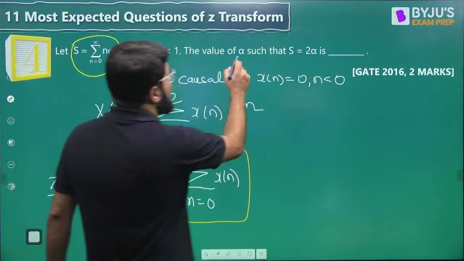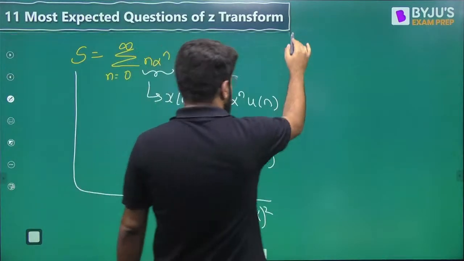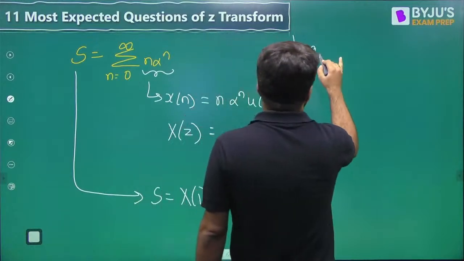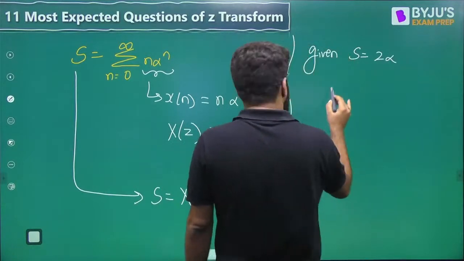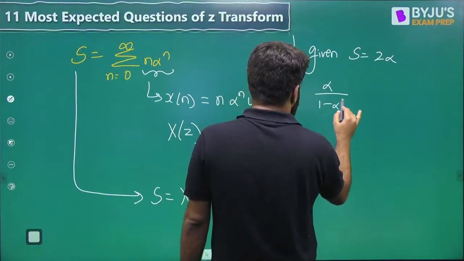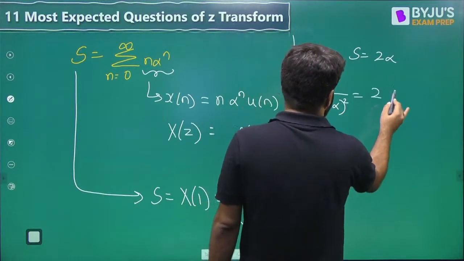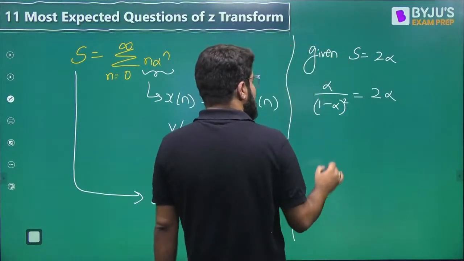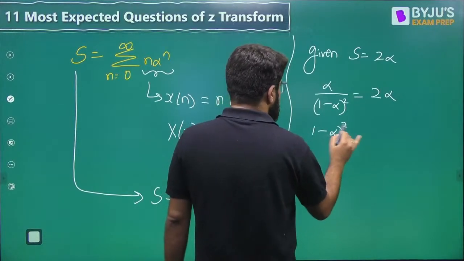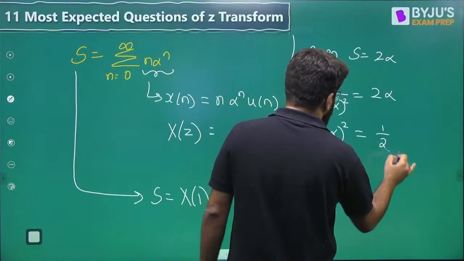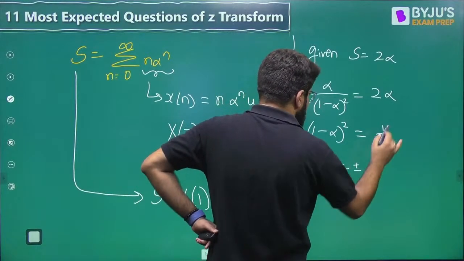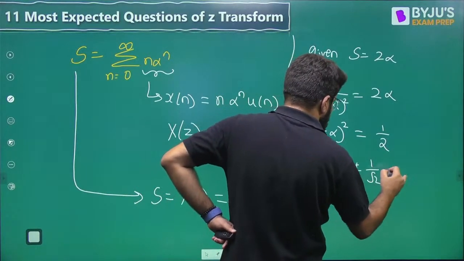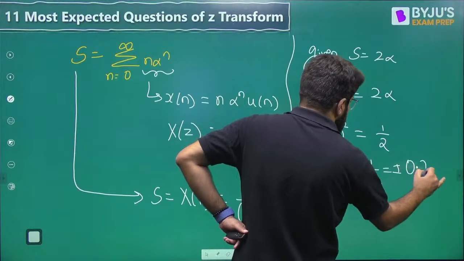What is the value of alpha such that S is equal to 2 alpha? Now they have given S is equal to 2 alpha. So S, which is alpha upon 1 minus alpha whole square, is equal to 2 alpha. Alpha, alpha cancel, so 1 minus alpha whole square is equal to 1 by 2. So 1 minus alpha is plus minus 1 by root 2, which is plus minus 0.707.